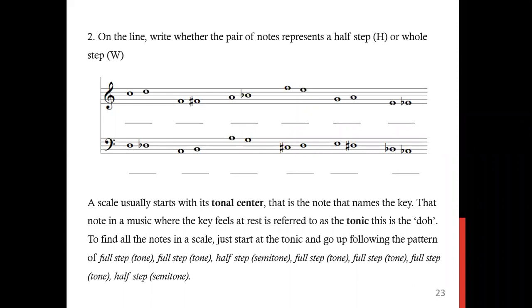The answer to this second stave: we are moving from D to D flat. That's a half step, right? Then from A to B, that's a whole step. Then the third one, from A down to G, that's a whole step.